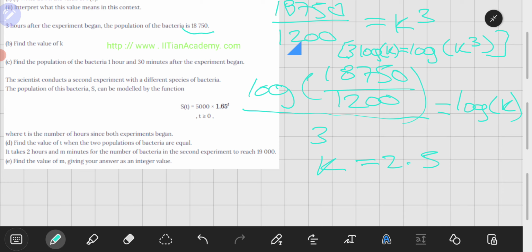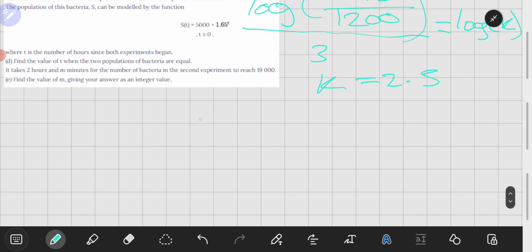Now we are asked, find the population of bacteria 1 hour and 30 minutes after the experiment began. So this is simply done by substituting all of our values. P at 1 hour and 30 minutes, so 1.5 hours, is equal to 1200 times K, which is now 2.5 to the power of 1.5.